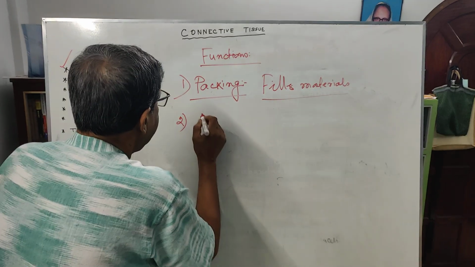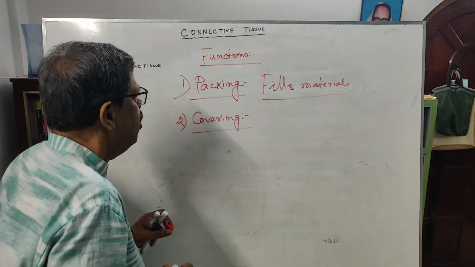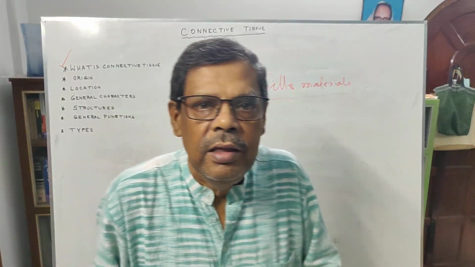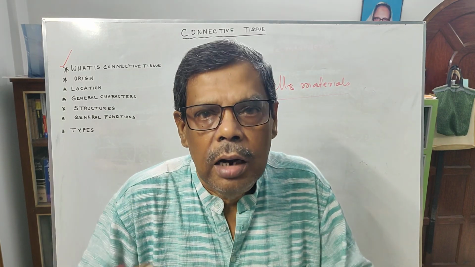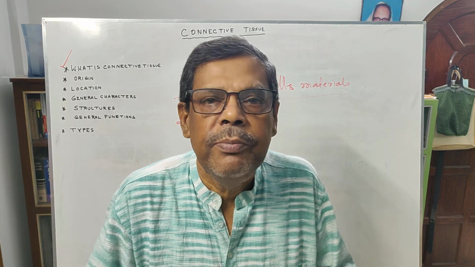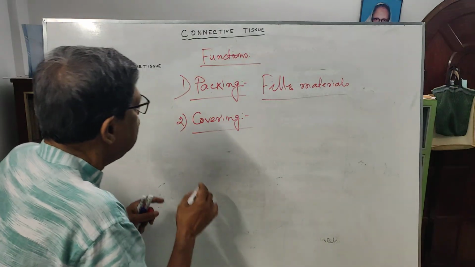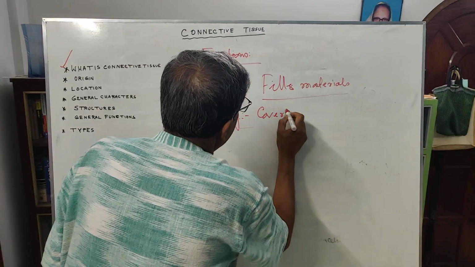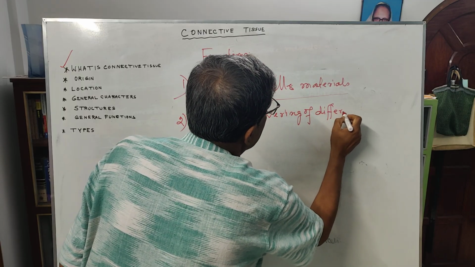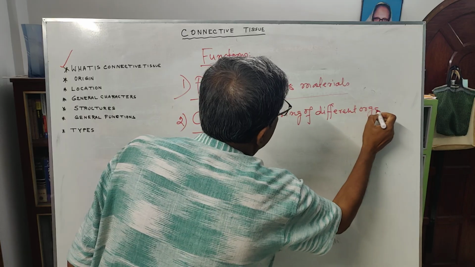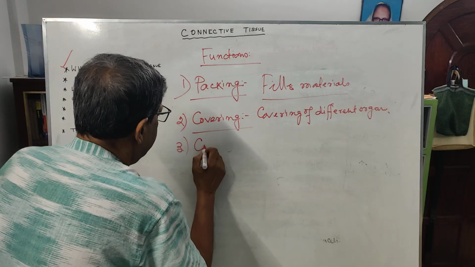Number 2, covering. It covers different organs of the body, that is heart, kidney; there are several types of organs this tissue covers. Number 3, cushion.